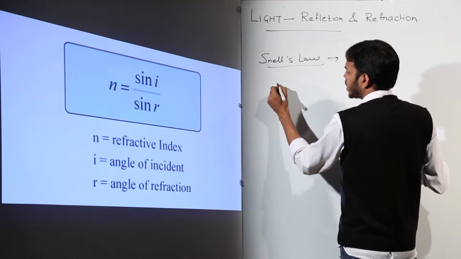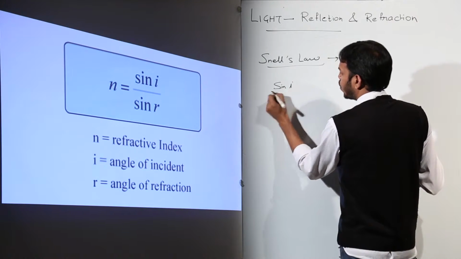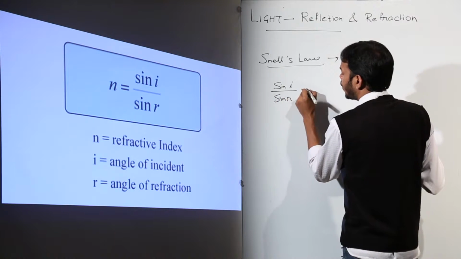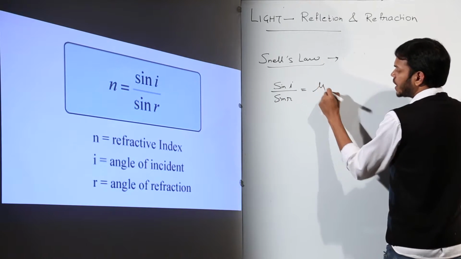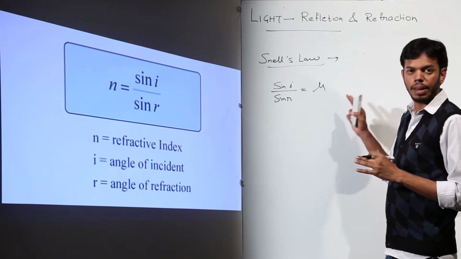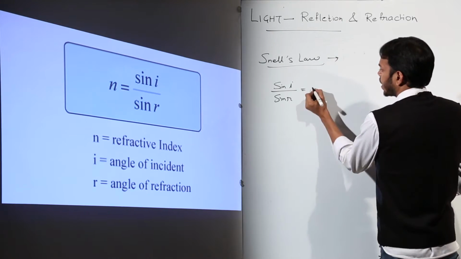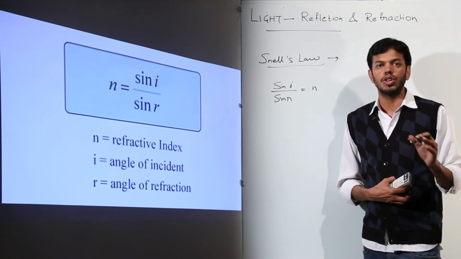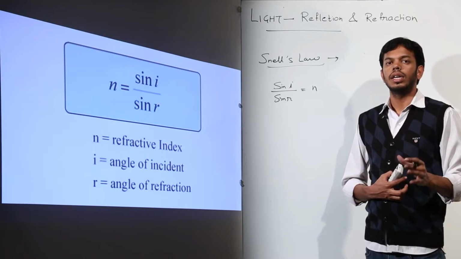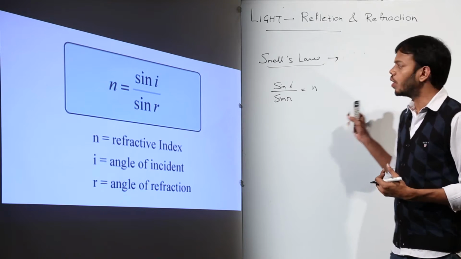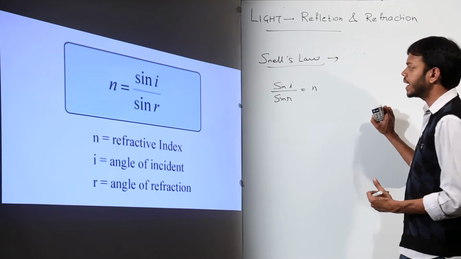Snell later on gave us the constant's name: sin i over sin r is called the refractive index, which is majorly denoted by mu, but in some books it is denoted by n. So if it is denoted by mu or n, just remember it.